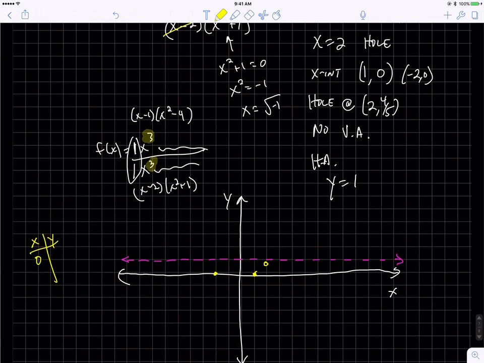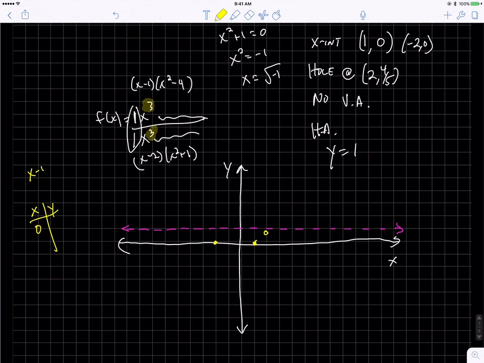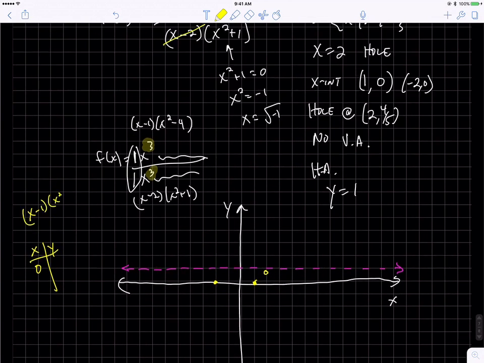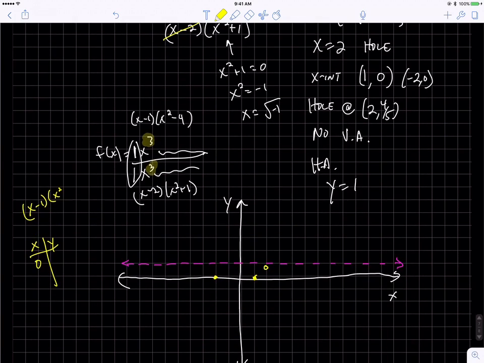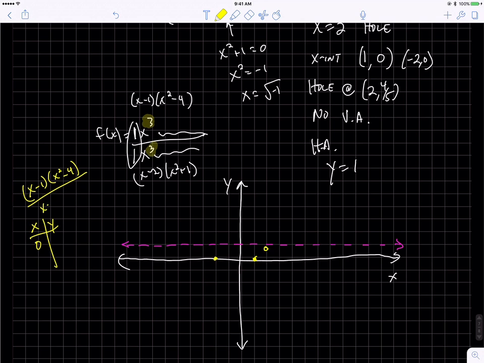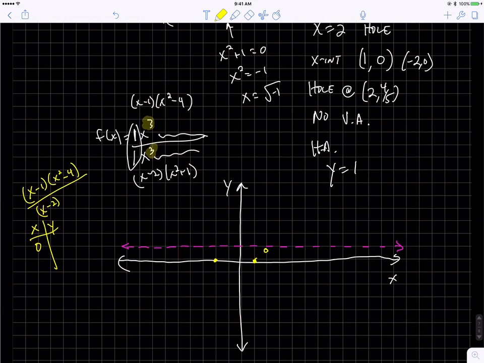I'll use x minus 1 times x squared minus 4 over x minus 2 times x squared plus 1. So if you plug in 0, we get negative 1 times negative 4 over negative 2 times 1. I get 4 over negative 2. I get (0, -2).